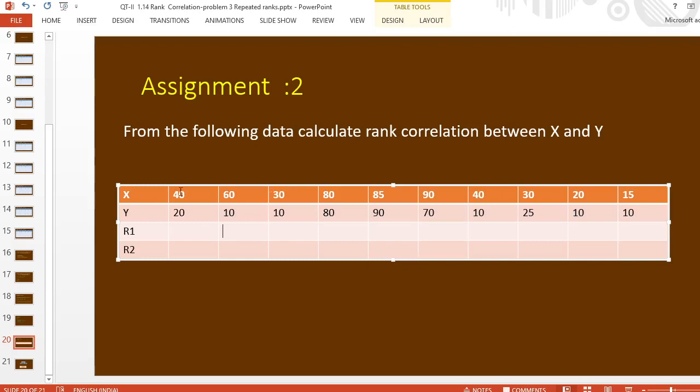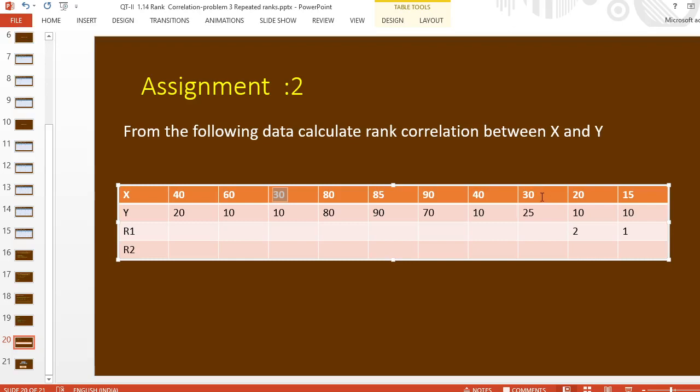Here the least number for X series, it's not 20, it's 15. So it's rank number 1. And the next number is 20, so rank number 2. And the next number is rank number 3. So here 30, and here again we have 30. So we have two repeated numbers.